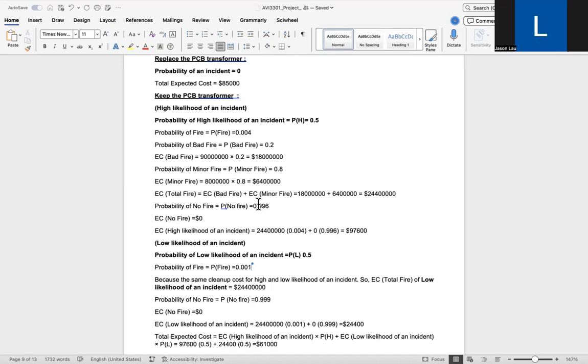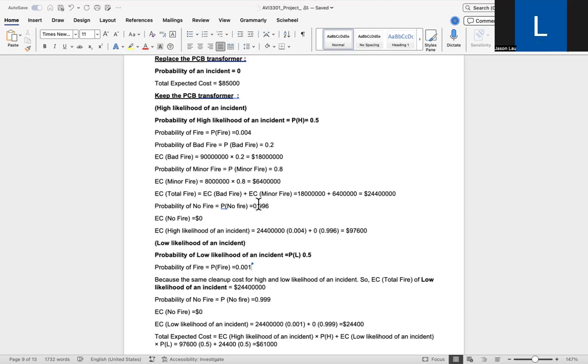The expected cost of a high likelihood of an incident is 24.4 million times 0.004 plus 0 times 0.996, so we get 97,600.